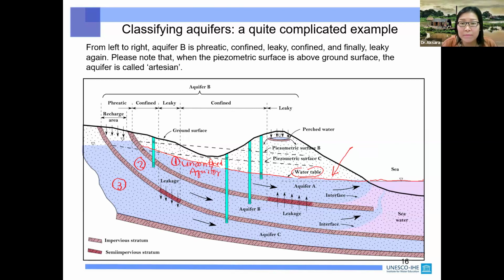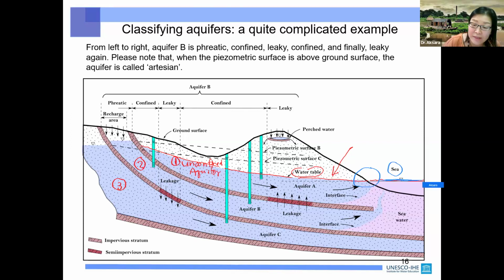One of the very good observations in this picture is the connection between the groundwater water table and the surface water. You can see that here is the sea or the ocean, and this is the sea level.